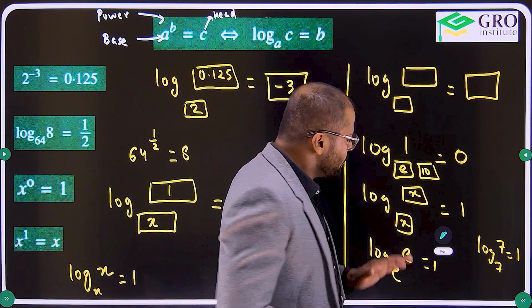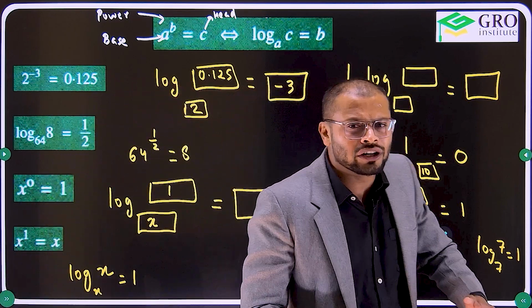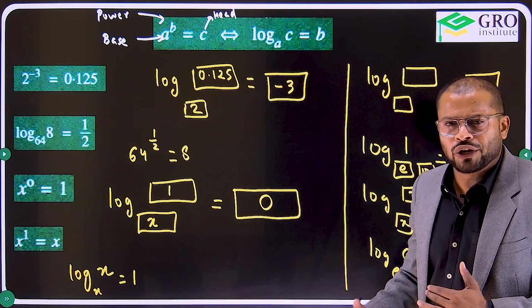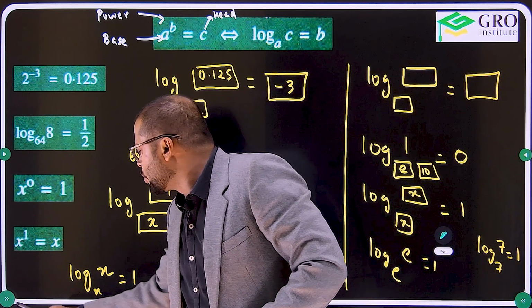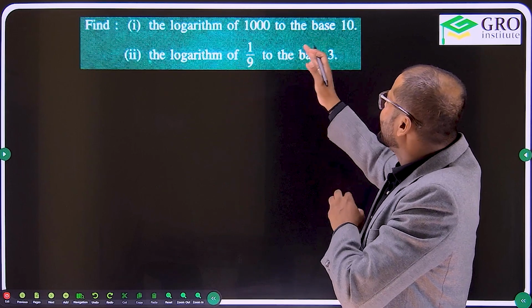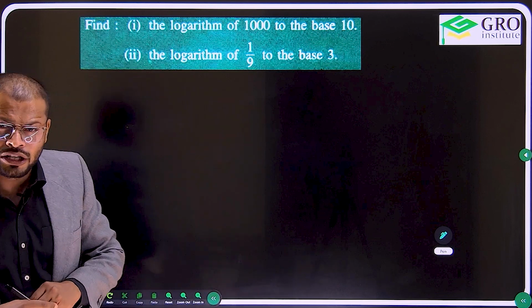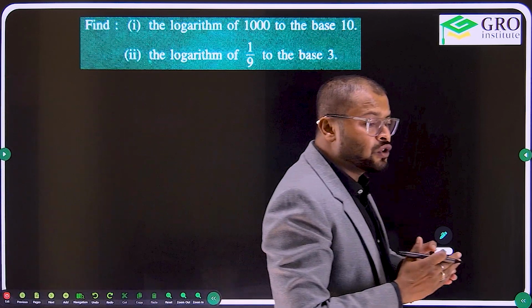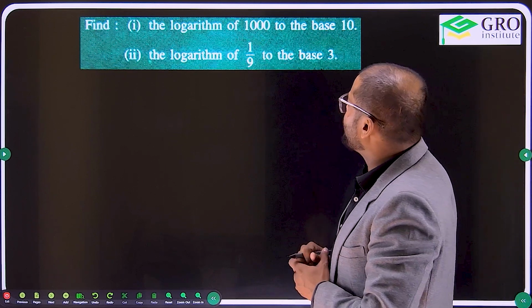But right now we are mentioning everything. Every time you will get some base or the other, and we will continue doing so, at least in this video. Now moving to the next slide. This is the logarithm of 1000 to the base 10. It means statement-wise they have given you the question and you have to write the equation form. It means you have to understand the logarithm form.